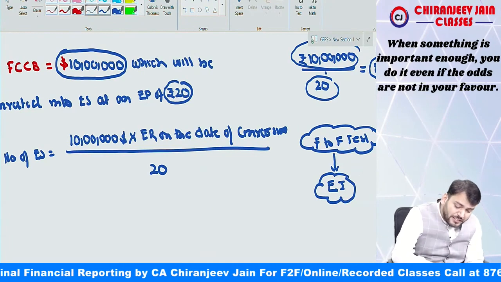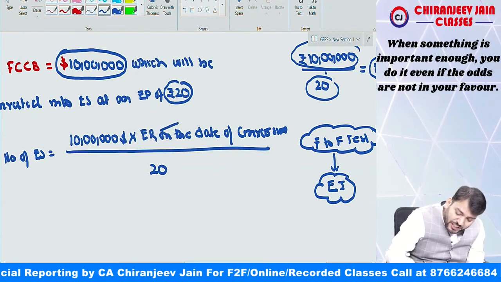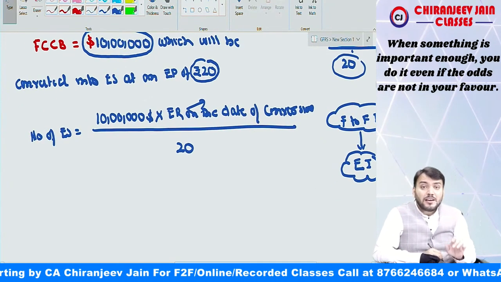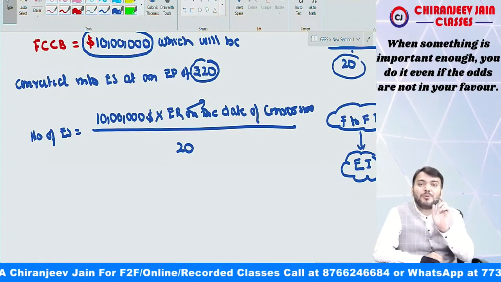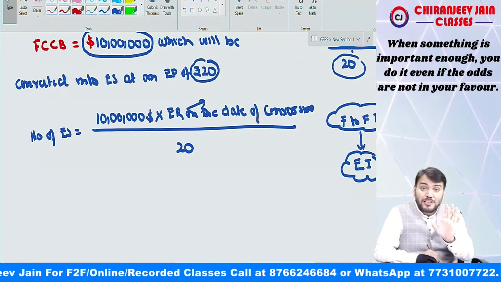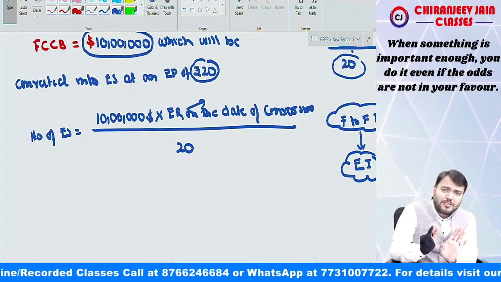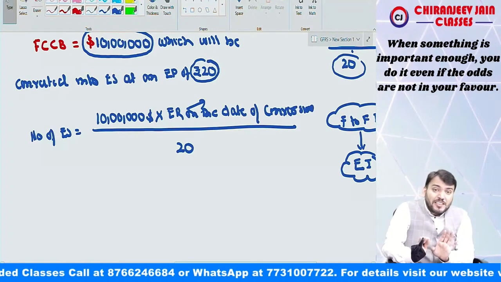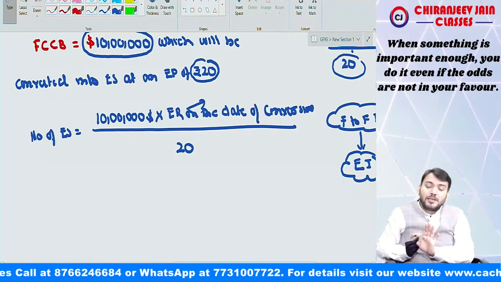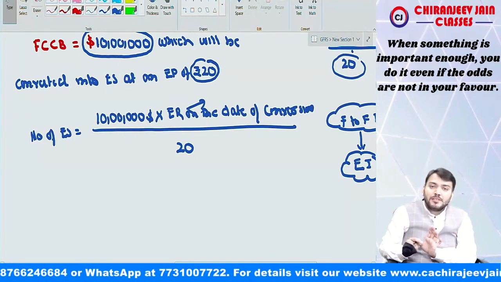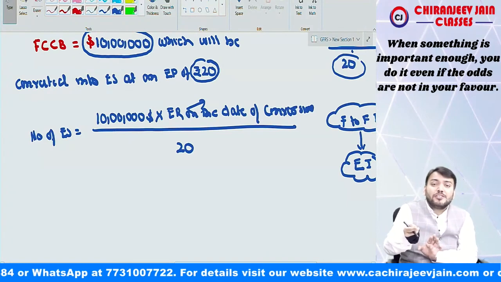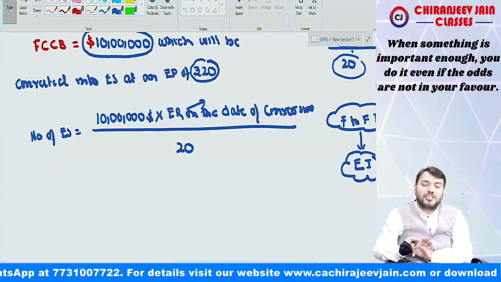Due to changes in the exchange rate, right now we don't know the exact number of equity shares to be issued. But what Ind AS 32 says is that we need to understand the substance of this contract, and the substance was that there was an intention to issue a fixed number of equity shares.